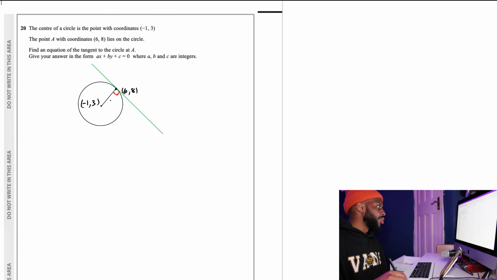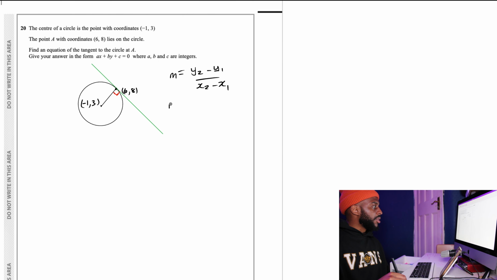Okay, so first step is working out the gradient of the radius, and we do that by looking at these two coordinates that we have. And the formula for working out the gradient is gradient, which is m, is our y2 minus y1 over our x2 minus our x1. So basically changing y over changing x.